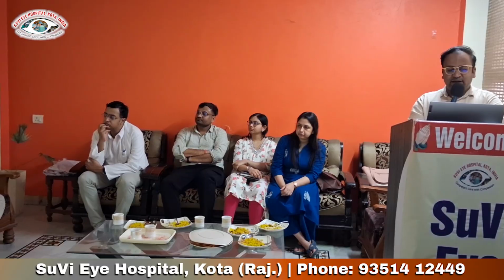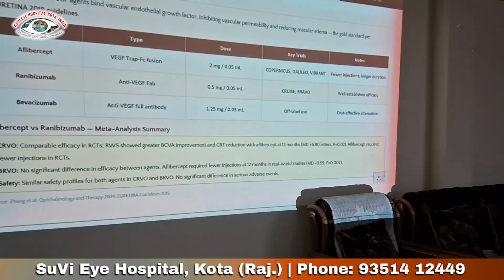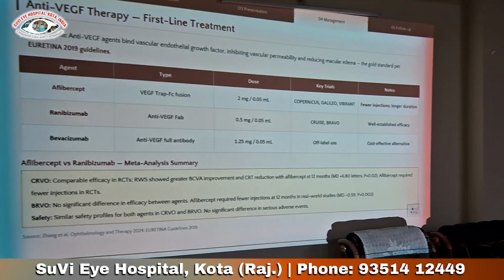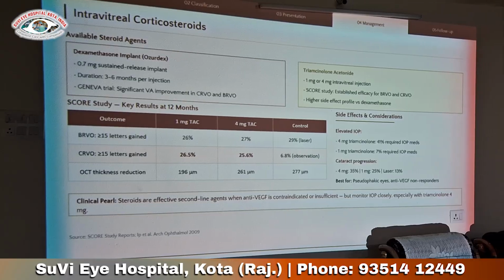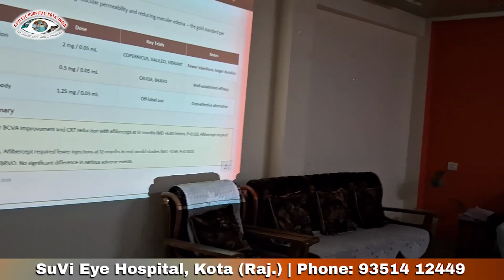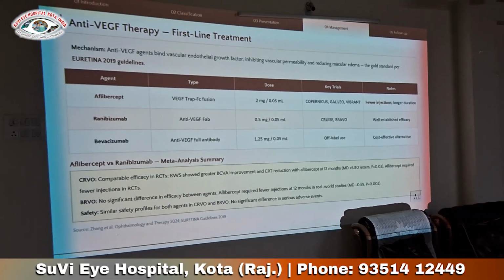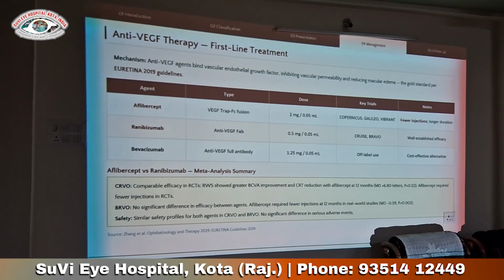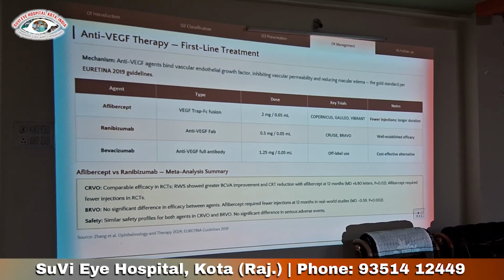Various studies have been done on these three drugs. Ranibizumab 0.5 milligram monthly injection is given, with an initial loading phase of 3 months, every month.